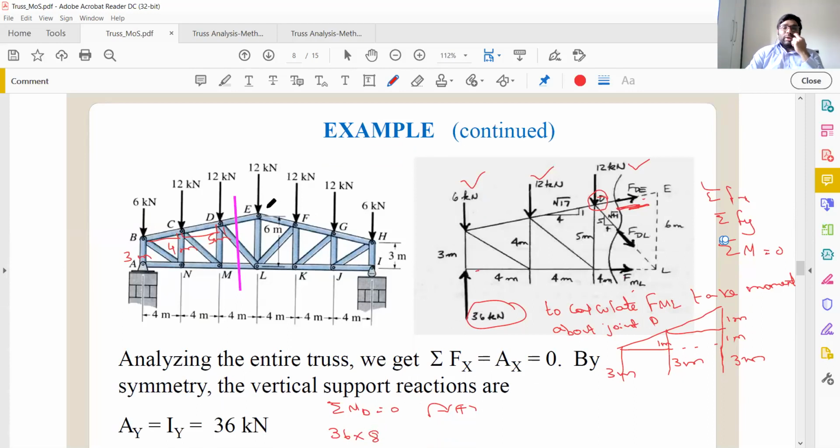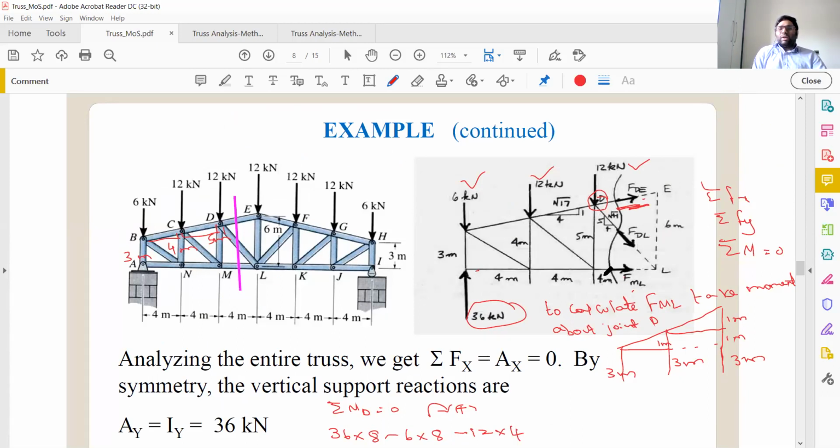We are taking about joint D. So how many forces are there? You need to take that. Minus 6 into 8, because there is a load 6 downwards. Minus 12 into 4. So whatever load we have at D, we should not consider.